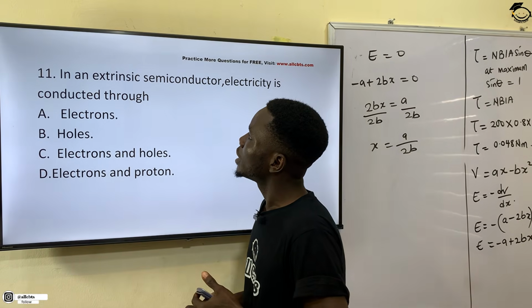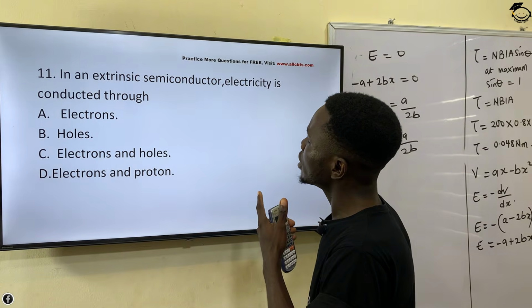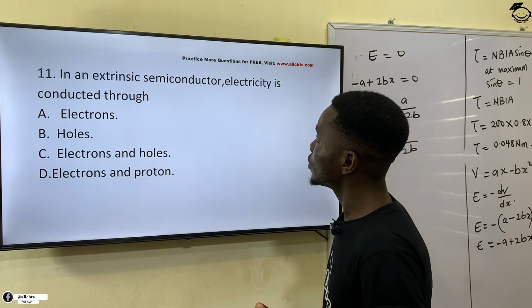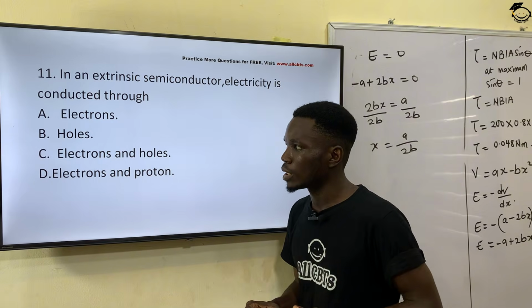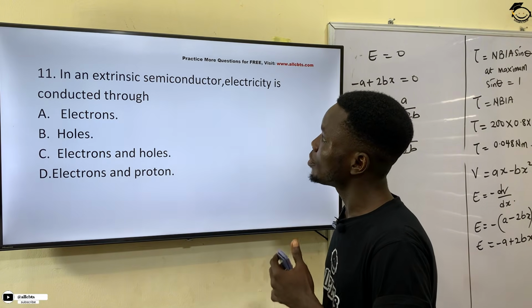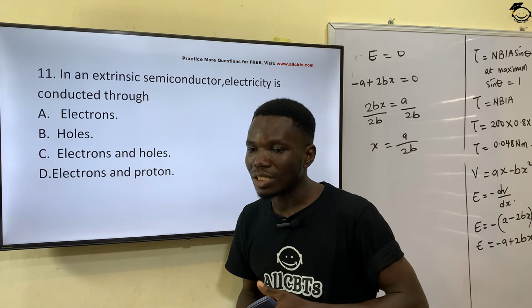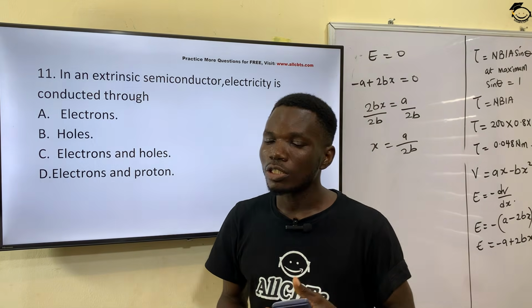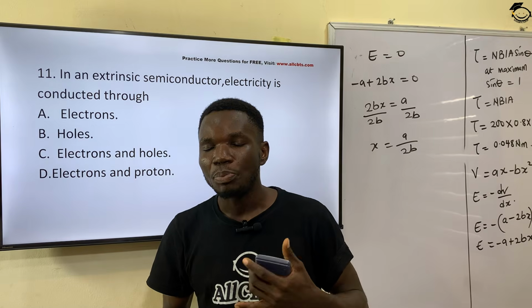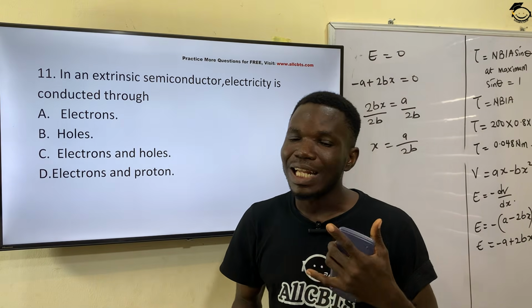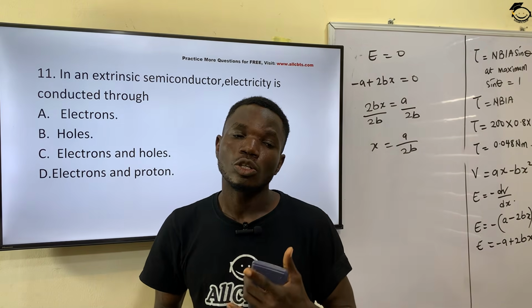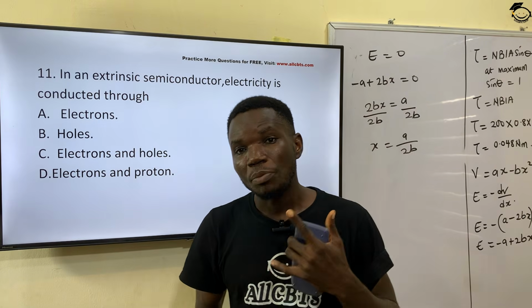That takes us to question number 11. In an extrinsic semiconductor, electricity is conducted through dash. Please note that in semiconductors, electricity is conducted in two ways, depending on the type. In an N-type conductor, the electricity is conducted through electrons.